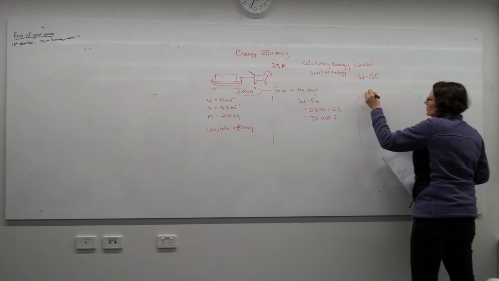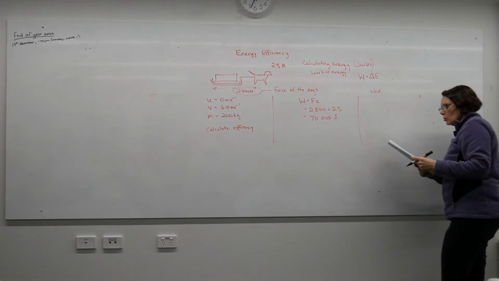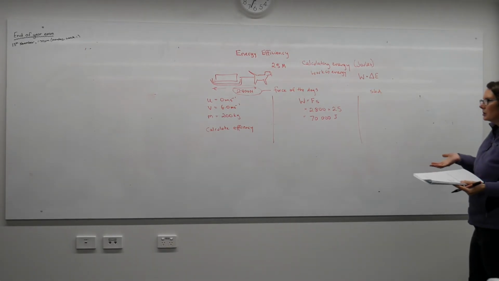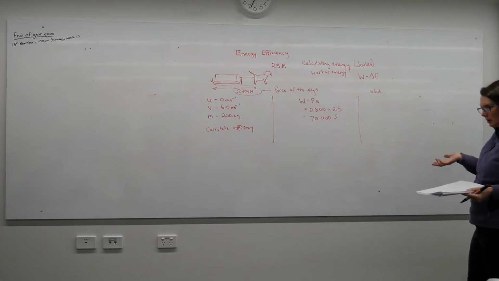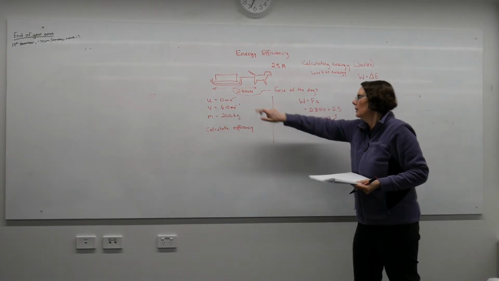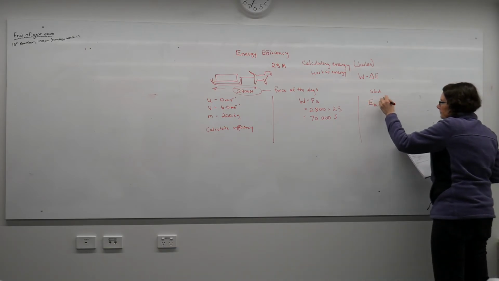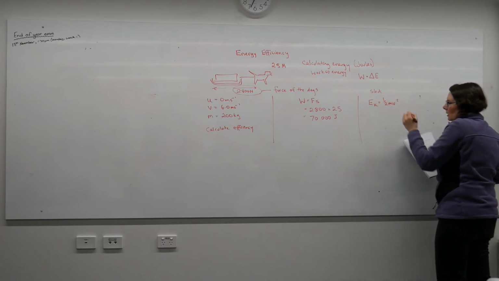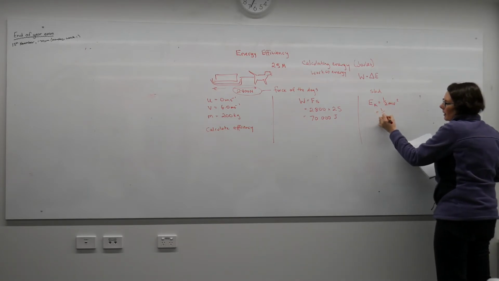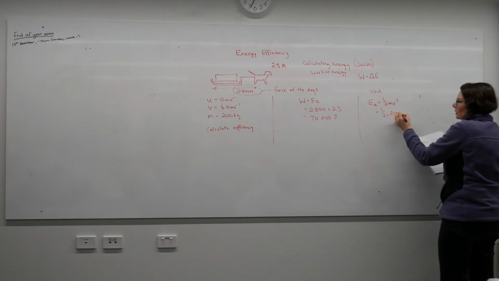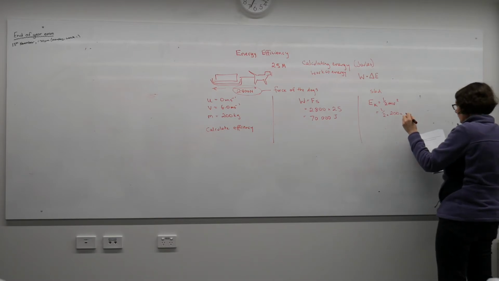Okay, so that was the dogs. This is the sled. Well, we were able to take the sled from no kinetic energy when we started out all the way up to having our kinetic energy of, it's going to be a half times 200 times the velocity squared.